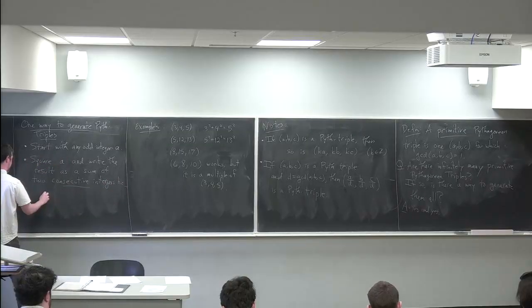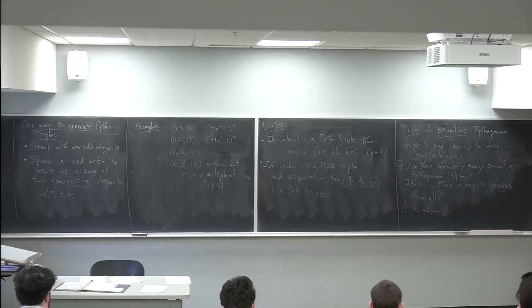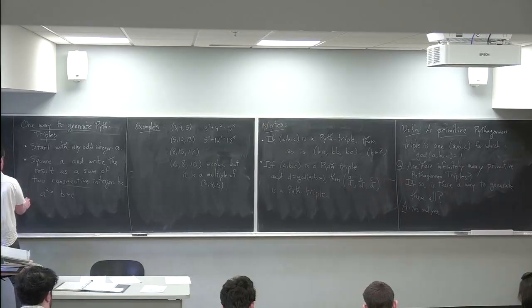So take a squared. There's only going to be one way to do this, but figure out what are the two consecutive integers with the property that they add up to be this odd number a squared. And then the statement is that the a, the b, and the c you've made are in fact a primitive Pythagorean triple.